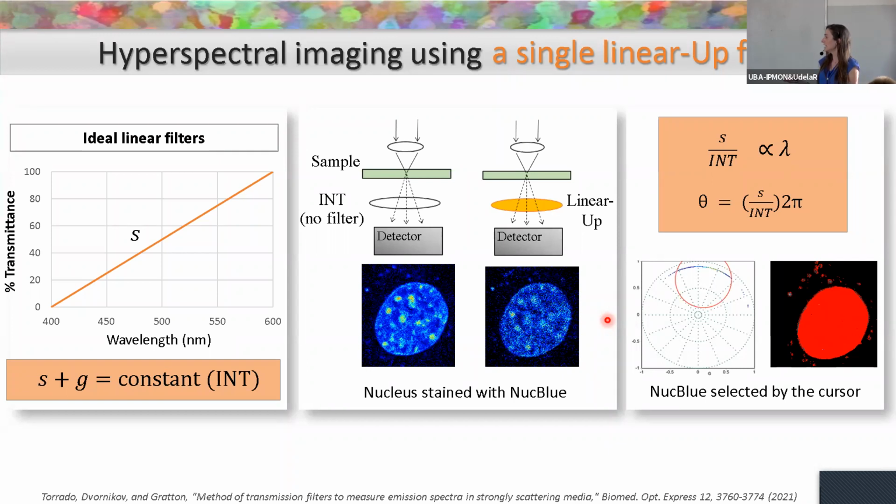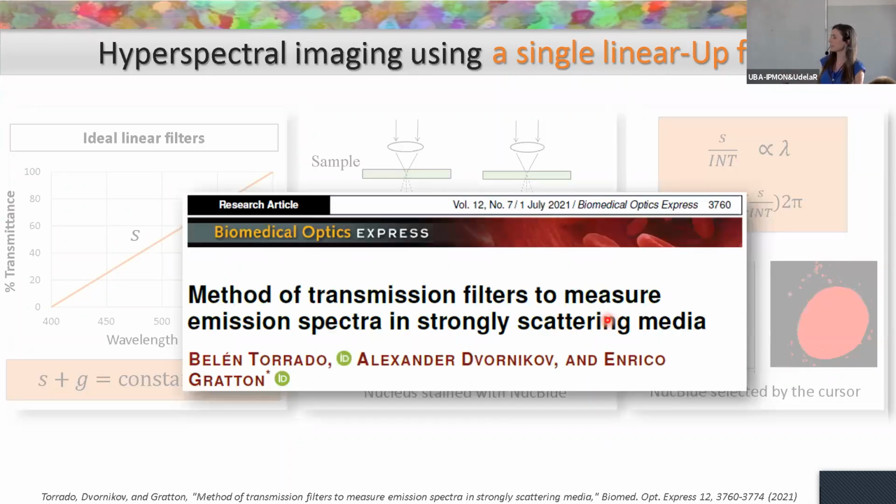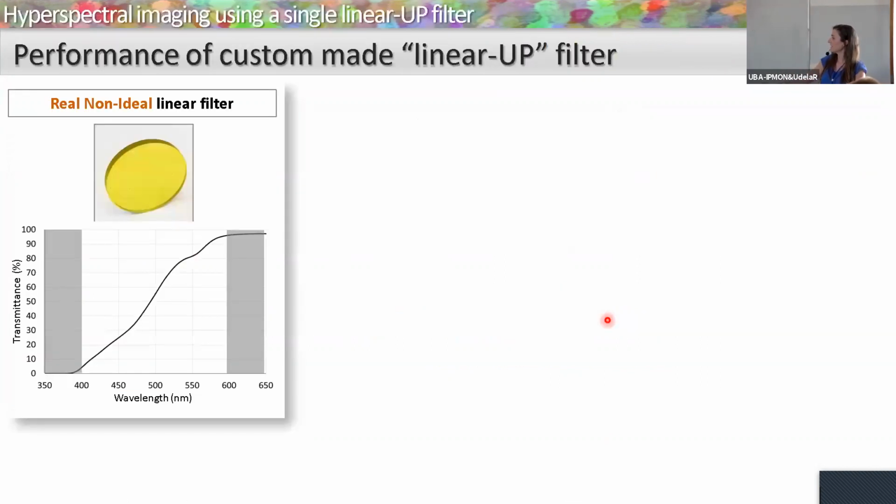It's a simple method, published this year in Biomedical Optics Express, and in the following slides I'm going to try to convince you that this simple method is enough to have spectral information in your sample.